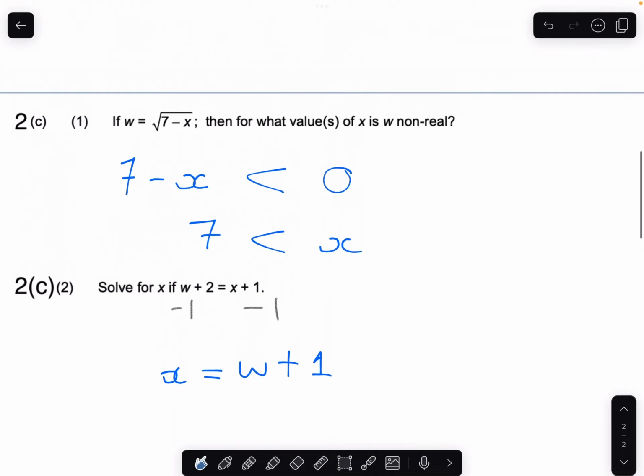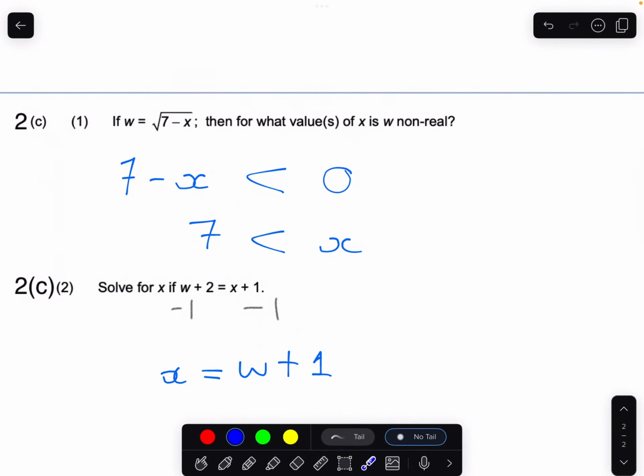So, right, we are solving for x if W plus 2 is equal to x plus 1. So, because we want to solve for x, that means I want to then replace the W with an expression in terms of x.